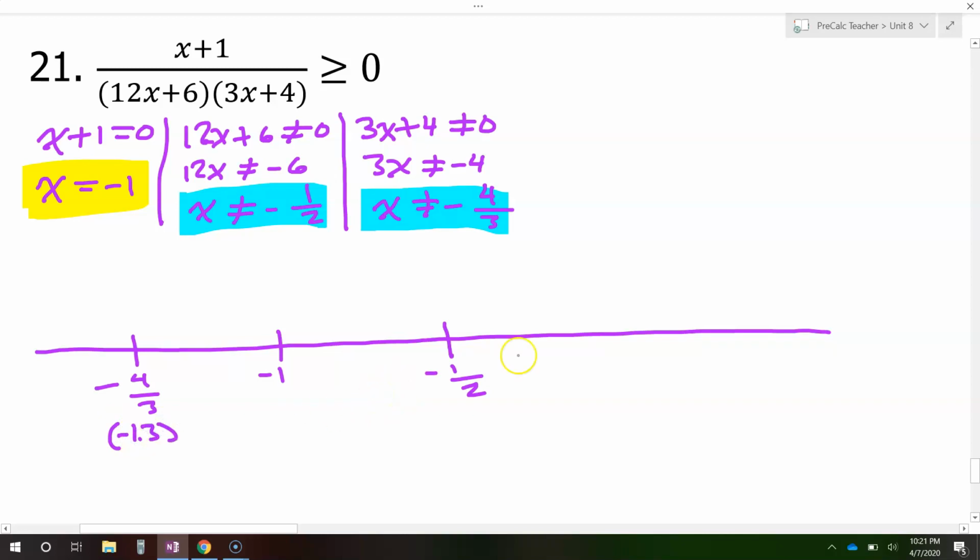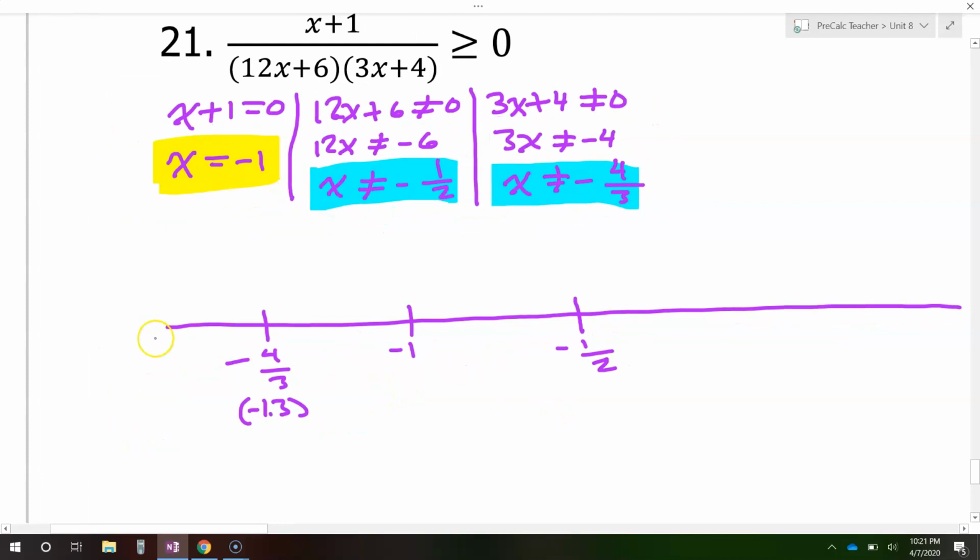So it's time to pick our test points, our test values. We need something in this first interval, so that's going to be anything to the left of negative 1.3. For example, negative 2 would be fine. This is going to be the tricky one because between negative 1 and negative 1.3, there's not very much space.